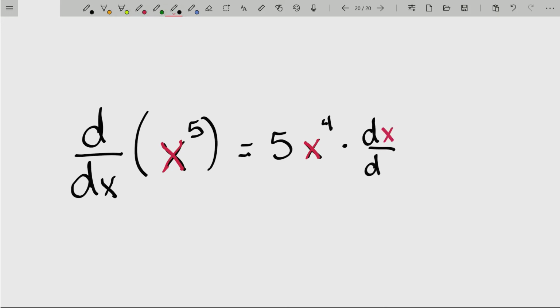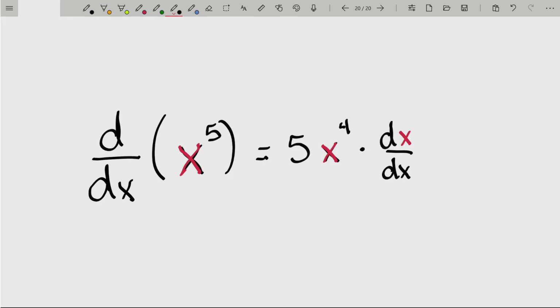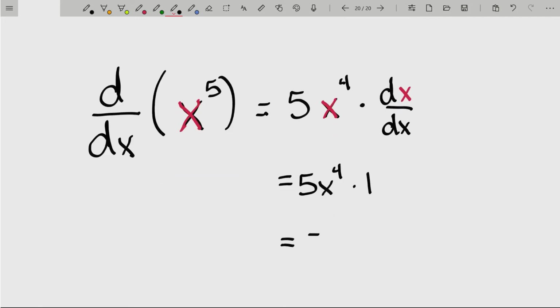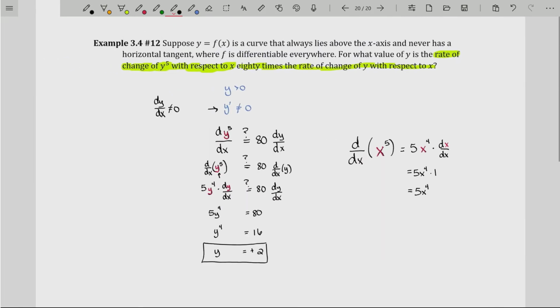It's actually the chain rule, but we just never write it that way. But derivative of x with respect to x is 1, or in other words, dx over dx is 1. So this turns into 5x to the fourth times 1, or 5x to the fourth. Nobody ever writes it that way, but it is true that the derivative of x to the fifth is 5x to the fourth dx dx. But again, dx dx is just 1. Anyhow, it's a little aside, but really fun problem. I dig it. So that's it.